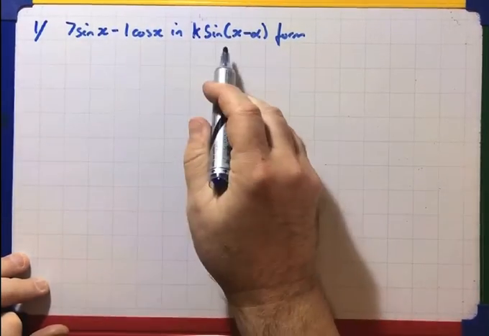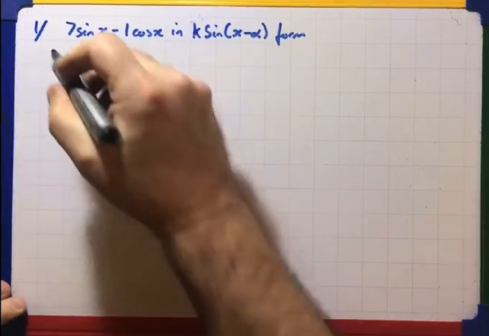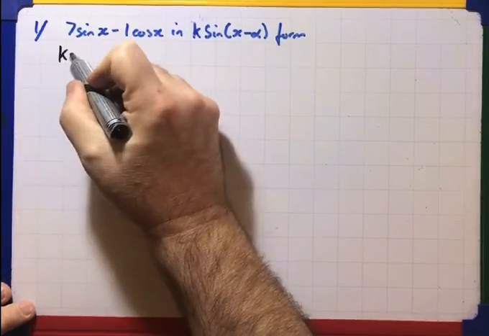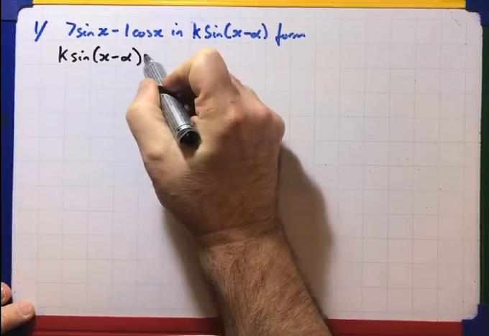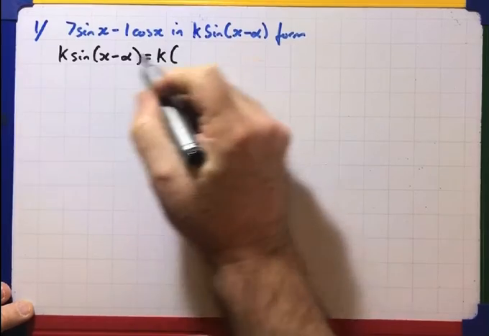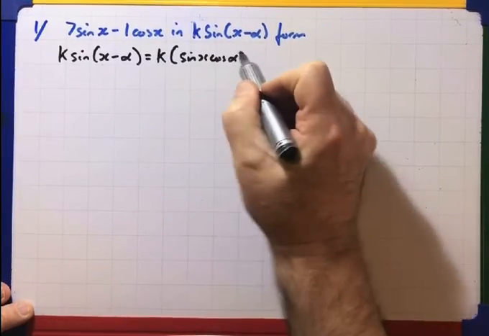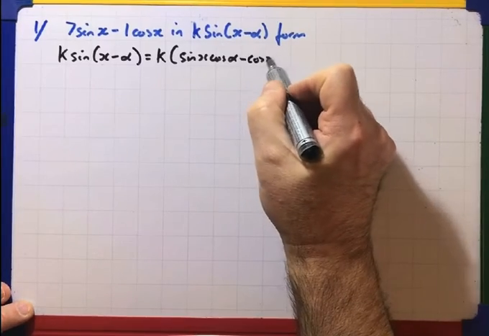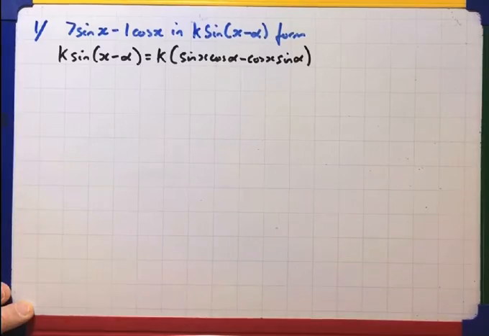So first thing we do is we take that and we expand it. k sine(x minus alpha) is equal to k, remember, sine x cos alpha minus cos x sine alpha, if we expand that using our addition formula.